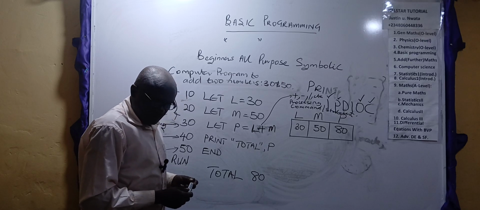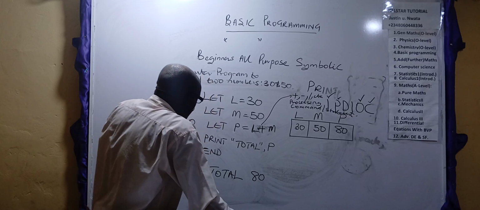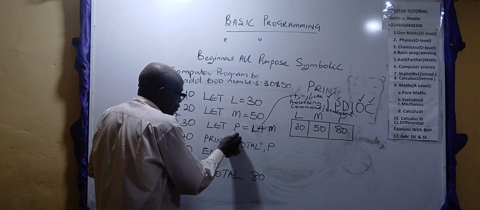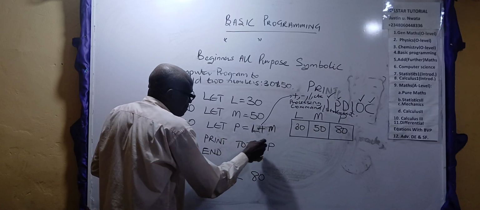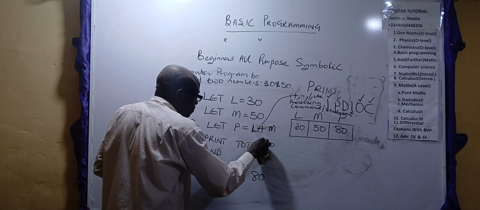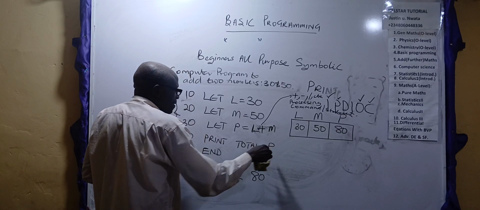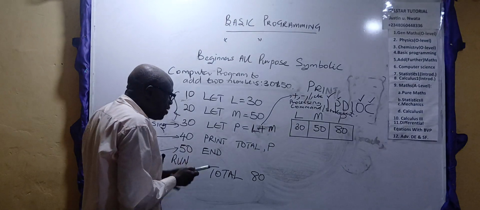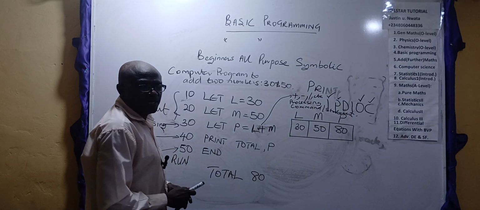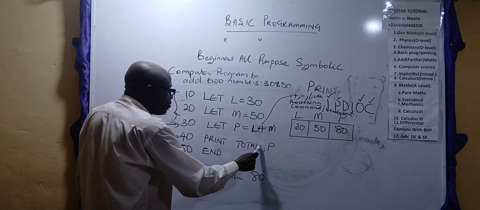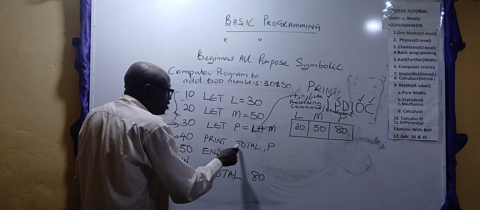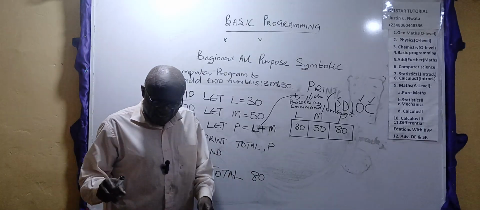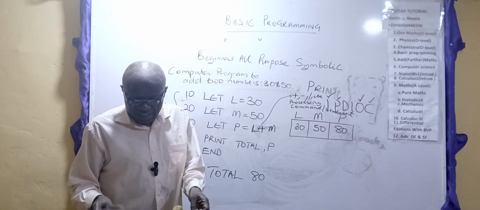Assuming, when it's trying to give instruction, this output command, this total is not in quotation marks like this: print total P. Now the computer will be in confusion. It will tell you that it doesn't understand what this thing means. Those that programmed it did not tell it what this means, because total is not a keyword.